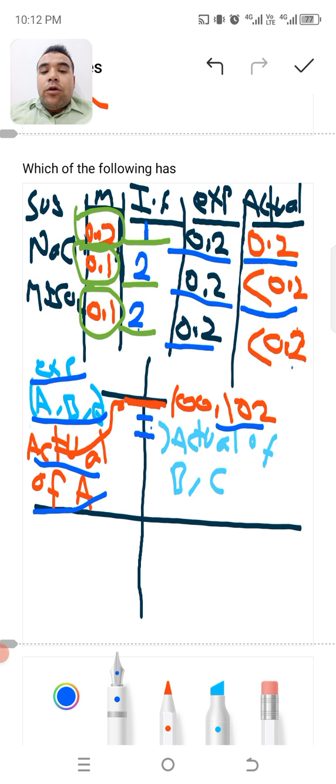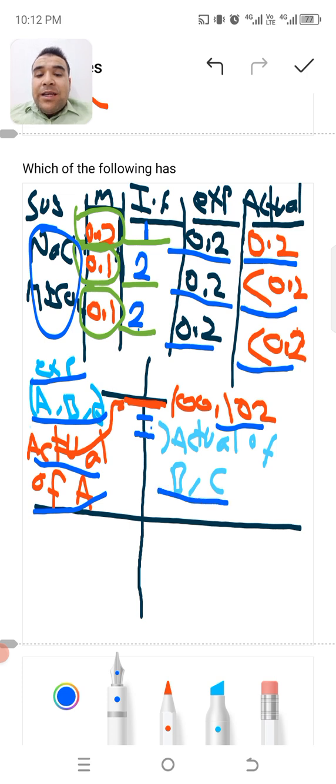That will be the number, and the values for NaCl and MgSO4 are less than that, because these two are both electrolytes. They have a lower actual boiling point than the expected. Have a look. A has the same expected and actual, but B and C are below 100.102, which is the actual value of B and C.